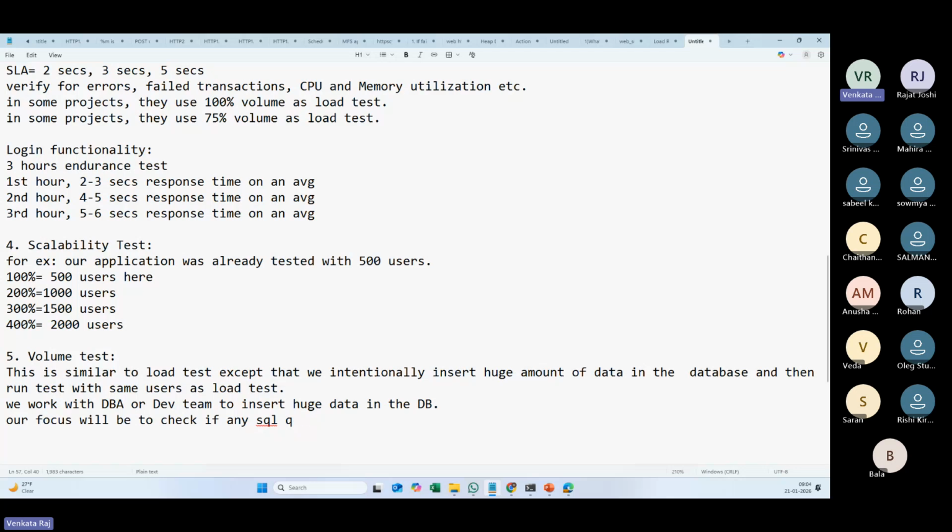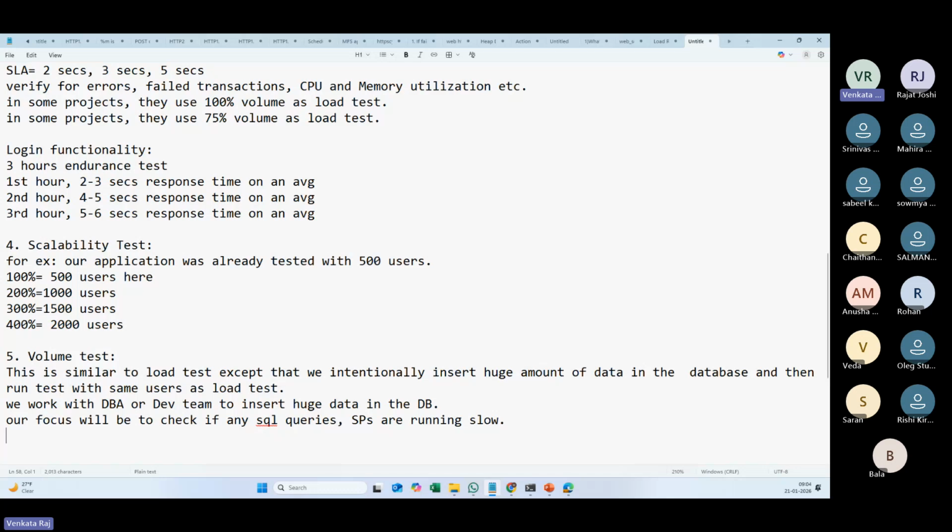We all know the database can be accessed by using SQL queries, stored procedures, etc. So when there's a huge amount of data, there is a direct impact on the amount of time taken to fetch the data from the database, right? So we are verifying that here.